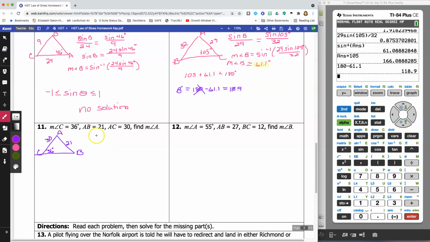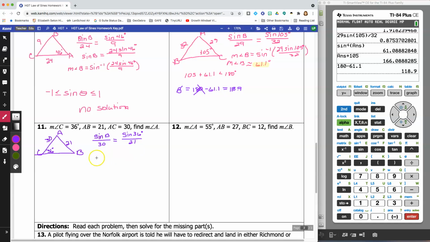So the sine of angle B divided by the length of the side opposite it, so divided by 30, is equal to the sine of 36 degrees divided by 21.